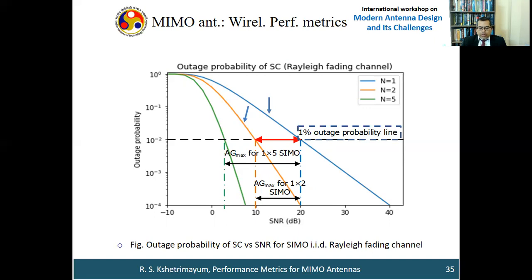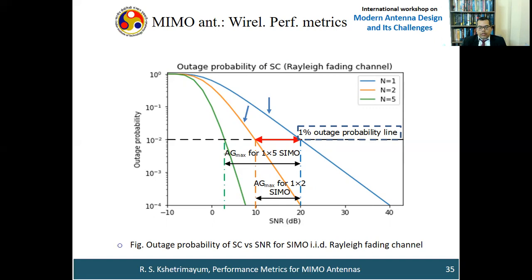You can see that SNR requires 20 dB for the SISO system, whereas it's 10 dB for the 1x2 MIMO system. So there's a reduction in SNR required for 1% outage probability for selection combining over IID Rayleigh fading channel.